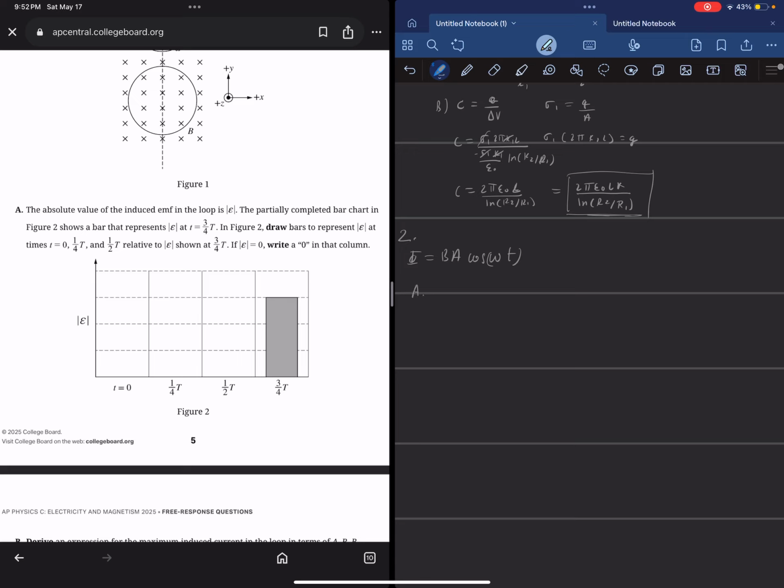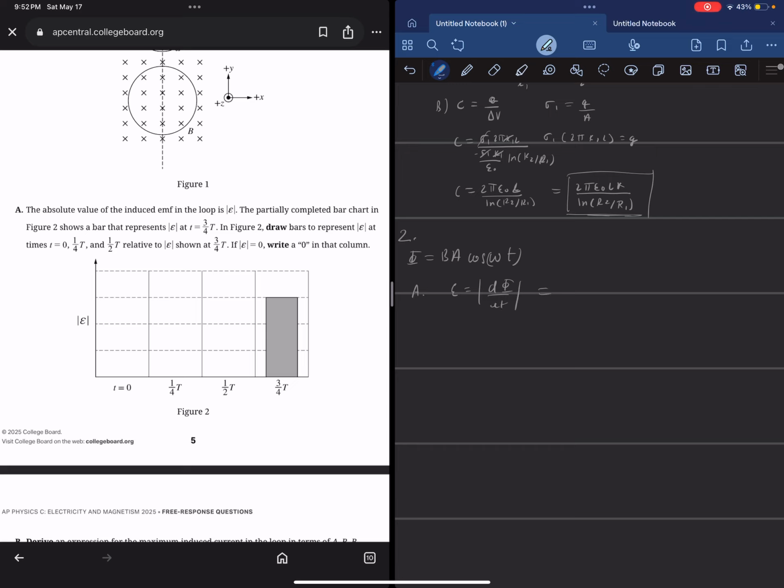For part A, what we want to do is E equals negative N, change in flux with respect to time. This is a loop with N equal to one. Or is it? Wait, no, it's the absolute value of the change in flux with respect to time.